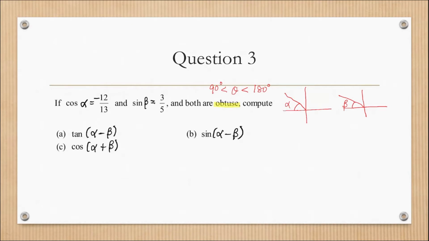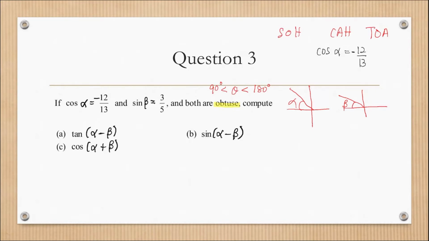For example, cos alpha is negative 12 per 13. If you remember the SOHCAHTOA rule, cos in the second quadrant is a negative value.